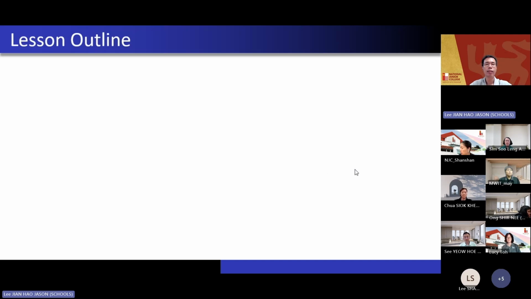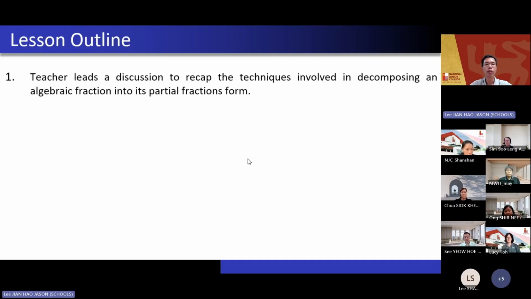Okay, now let me briefly explain how the lesson activity was carried out. Firstly, this activity was conducted after the topic had already been taught in class. As a prelude to the actual activity itself, I first conducted a quick recap by calling upon a few students to verbalize the key steps in the technique, since they had already learned the procedure.